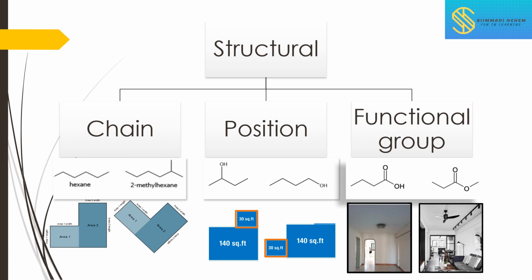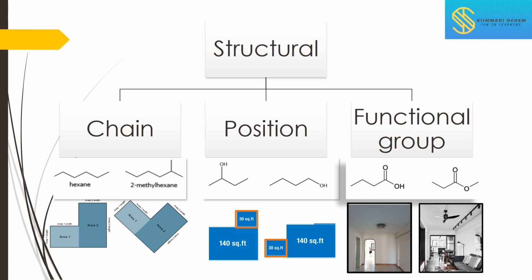Here it is a hexane, but moving one carbon to the second carbon made it a 2-methyl hexane, but the chemical formula is the same. I want them on the same carbon chain, but how they are located changes. This is what is called a chain isomer.